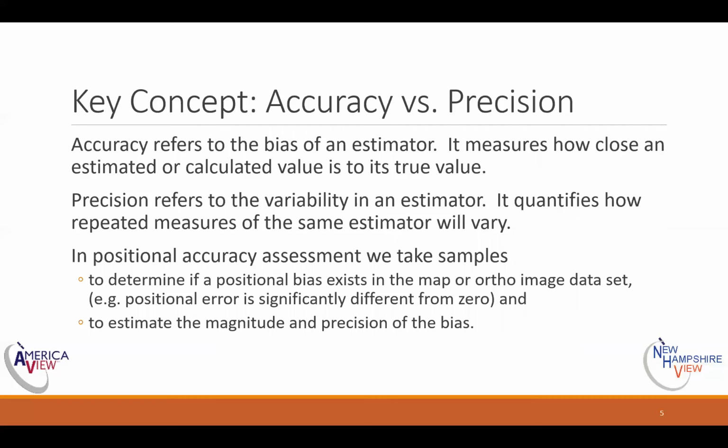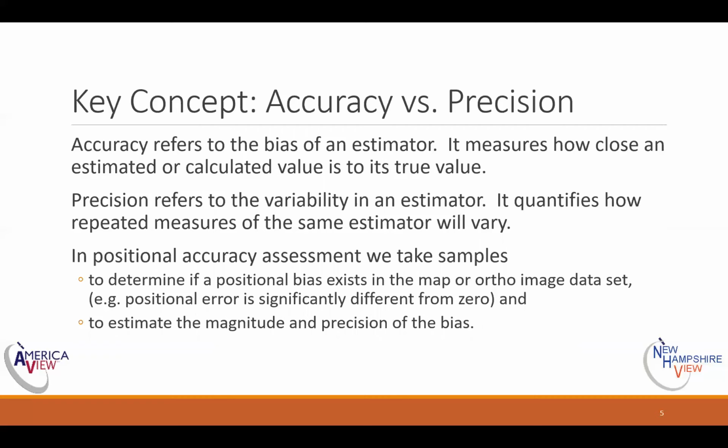Okay, precision is completely different. It actually refers to the variability in the estimator. So it quantifies how repeated measures of that same estimator will vary. So you can be very, very accurate, or you can be very, very precise and inaccurate, or you can be both. Okay?